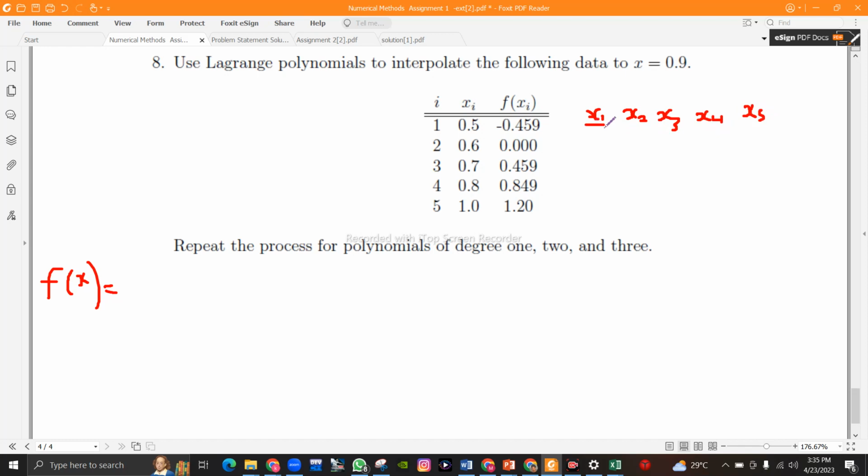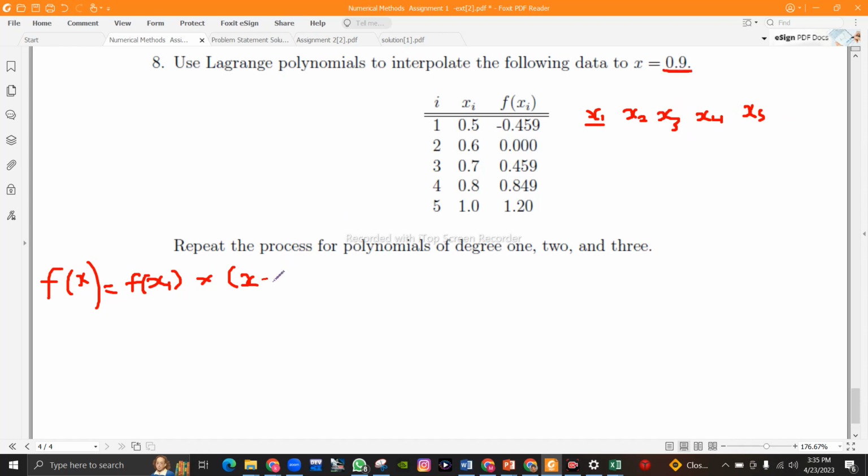So that will be f of x1. We are taking x1 first, f of x1 times, since we are taking x1 first, we will subtract x from every other number. That will be x, this x that we are interpolating with, minus the other ones.